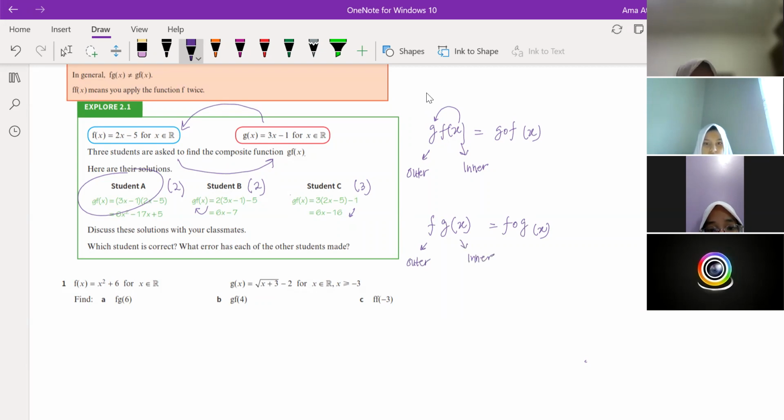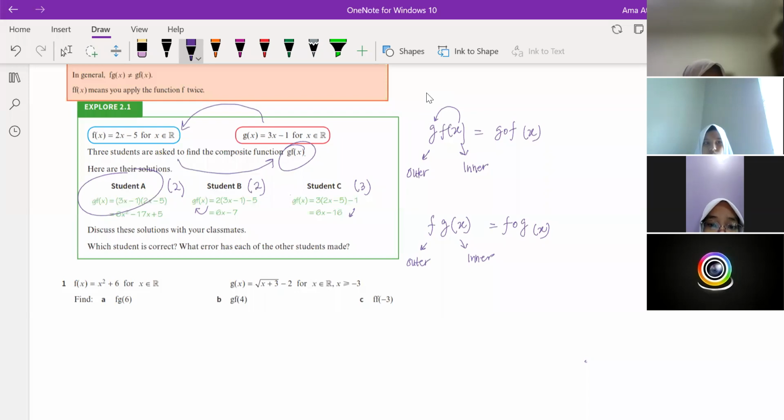Different positions of f and g mean a different meaning. In our exploration here, we are going to find g of f of x, meaning we are going to substitute f into g.